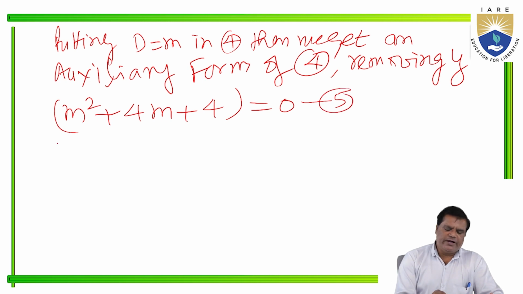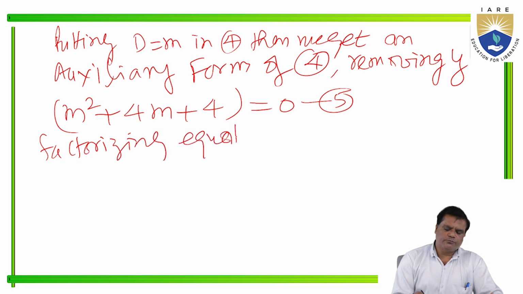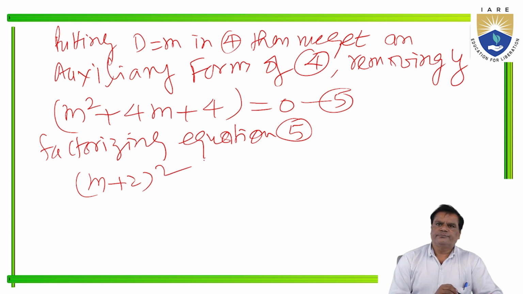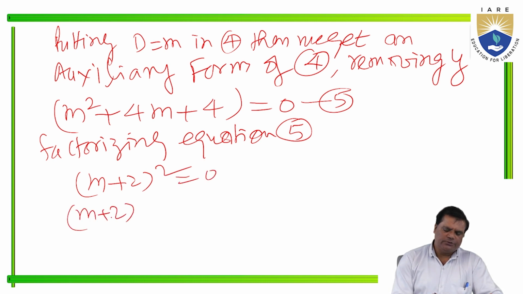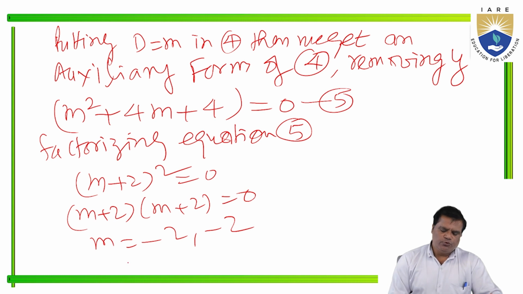Now factorizing equation 5. Here it is (m plus 2) whole square equal to 0, so (m plus 2) into (m plus 2). So m equals minus 2 and minus 2. So the roots are equal.